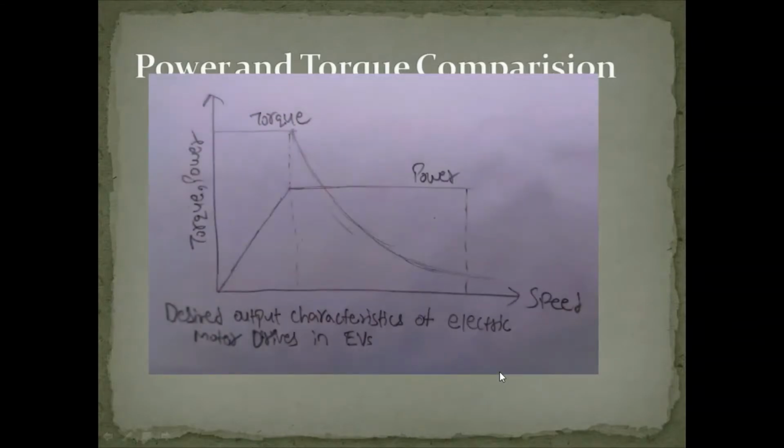So a vehicle, in order to meet its operational requirement, requires high torque and low speed for starting and a high power at high speed for cruising, which as you can see in the diagram, is provided by the electric vehicle, which has the high operational band for low and high speed respectively.